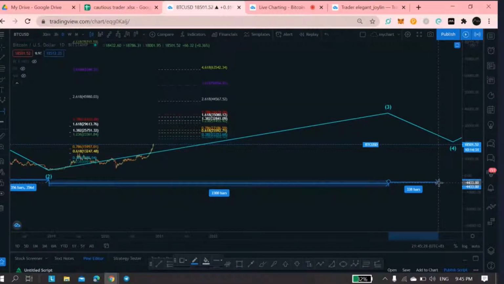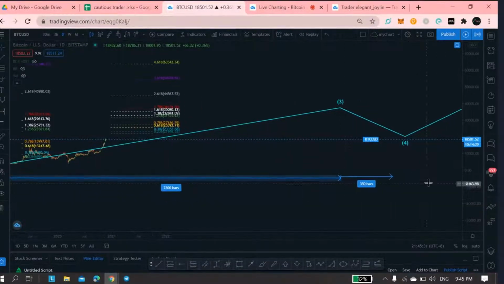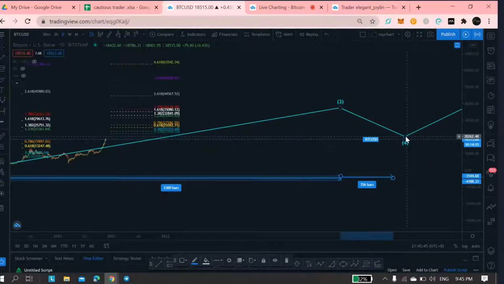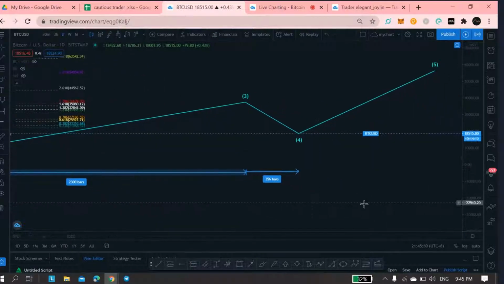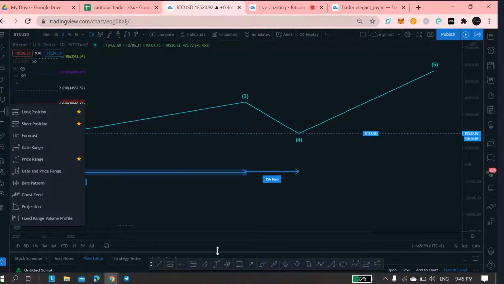So possibly this area. And then the wave 5 with the same length as wave 3, 2,300 bars or 2,300 days.